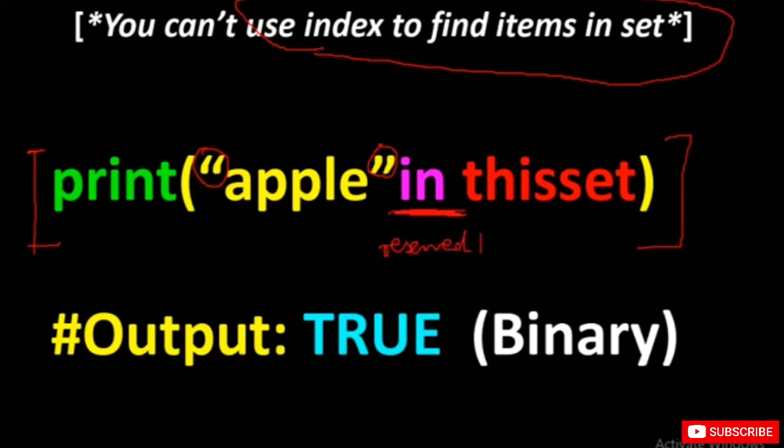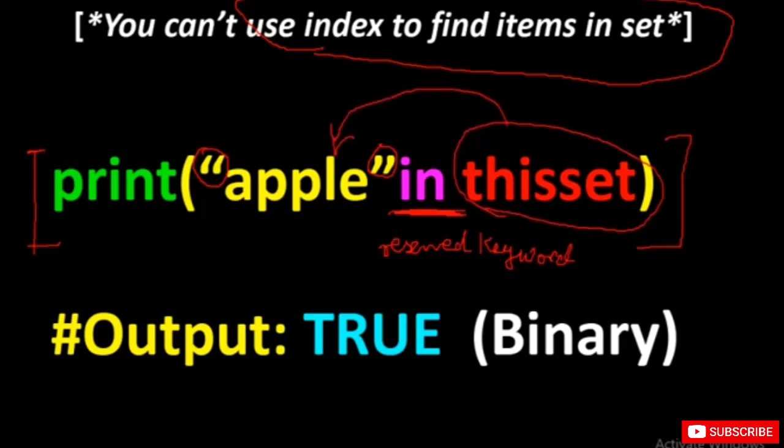So we are going to look into this set and check whether apple is in the set or not. As we know, it is in the set, so it is going to give us the output True.